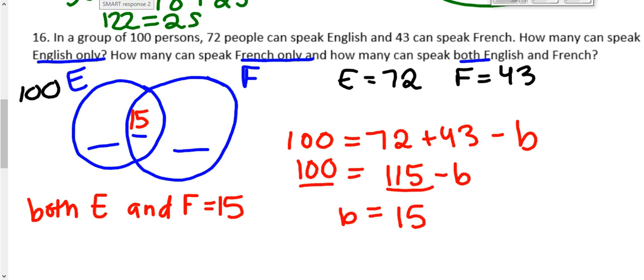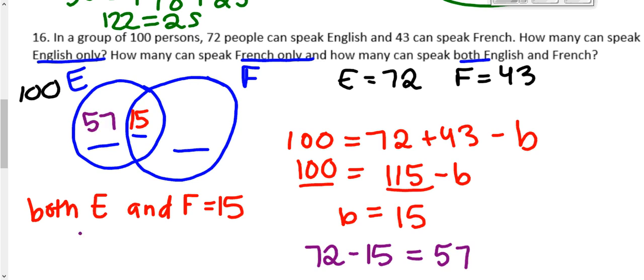Well, if our total English speakers are 72, if we take out the number that speak both, 72 minus 15 is 57. So that's what goes there in our Venn diagram. So English only is 57.